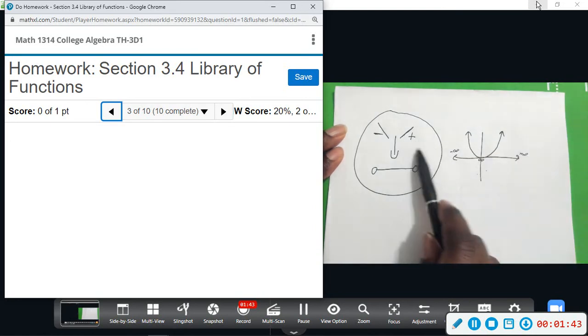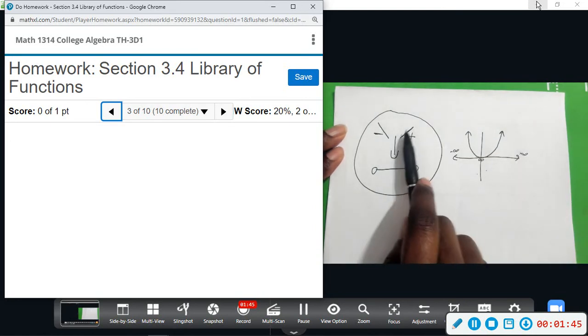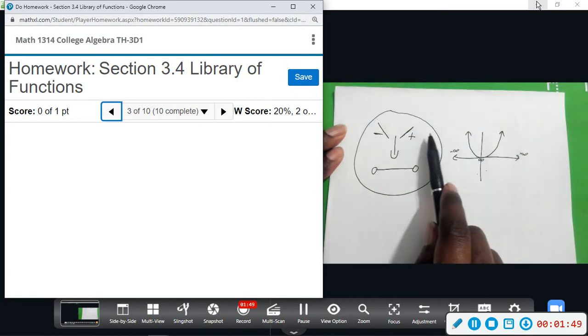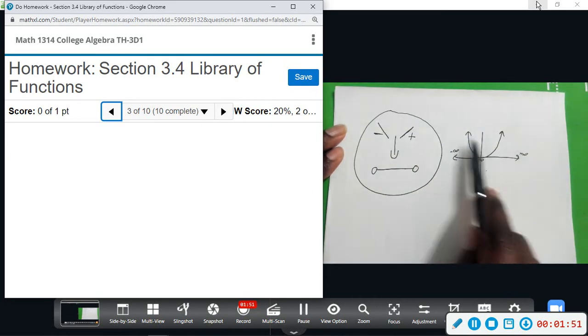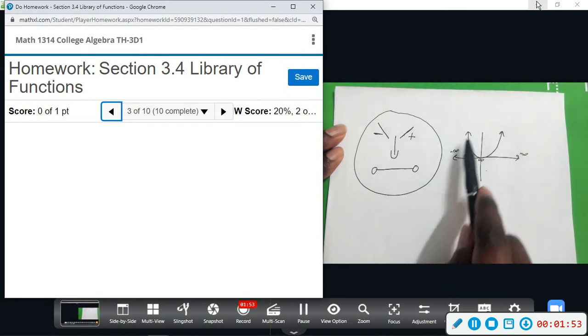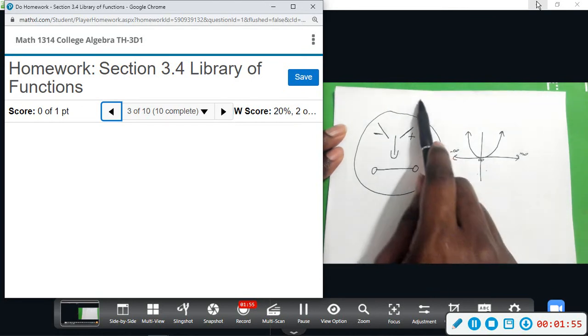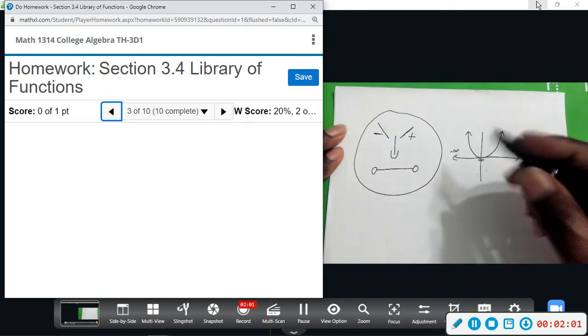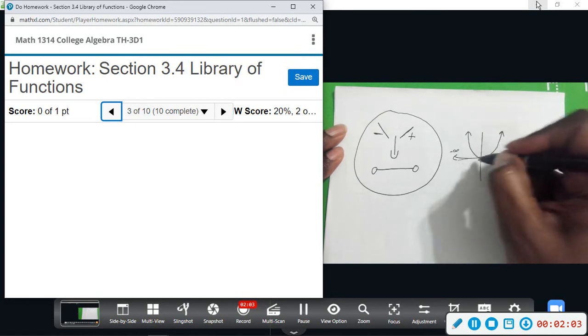So as I'm going from negative infinity on the left side, because this graph continues and runs off the screen, as I go from the left to the right, this is decreasing from negative infinity, way far out, until we get to 0. The way that we do that is we label it based on the x-axis, this part here.